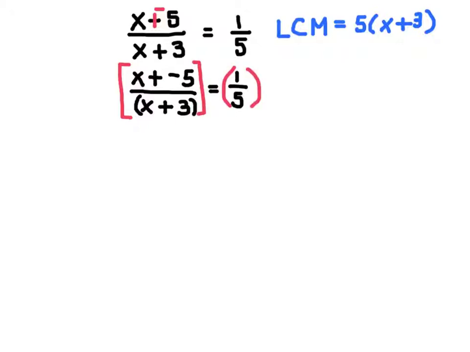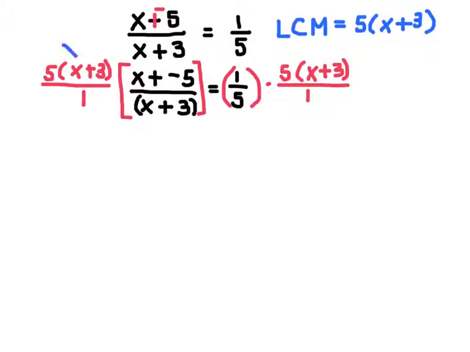So on the left-hand side I multiply 5 times x plus 3. That's on the left. And I can say that's over 1. We can do that so we can see the relationship between the numerator and the denominator. And then 5 times x plus 3 on the right, and I can put that over 1 so we can see our relationship again between the numerator and the denominator.